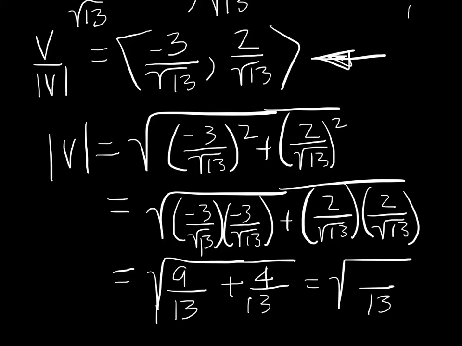I'm going to add my numerators. 9 plus 4 is 13. Hopefully you all realize 13 divided by 13 is 1. This becomes the square root of 1, which happens to be 1. Therefore, we have verified that this unit vector, vector v written in component form, has the magnitude of 1.